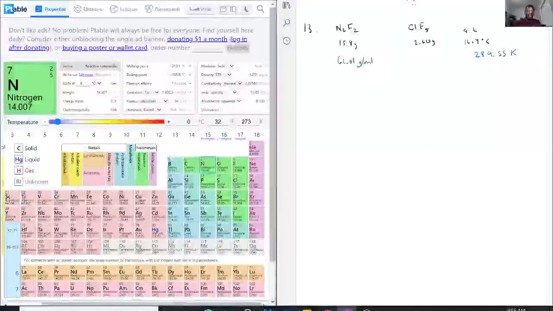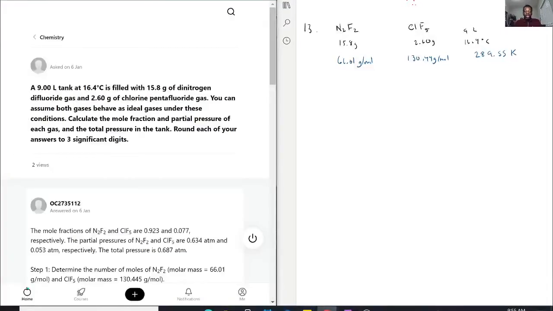And the ClF5, so that's 1 chlorine, so 35.45 plus F5, 18.998 times 5, 130.44 grams per mole. And just double check we have it. Dinitrogen difluoride, perfect, and chlorine pentafluoride.